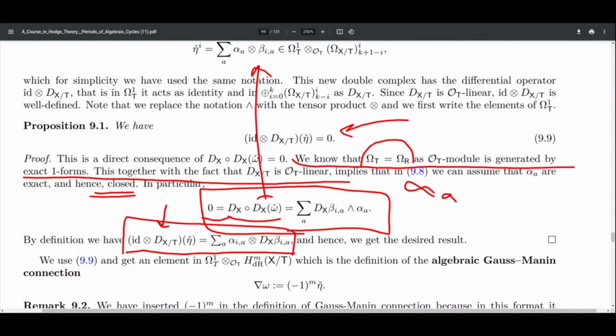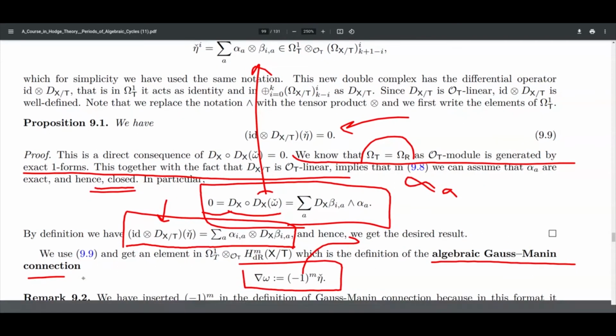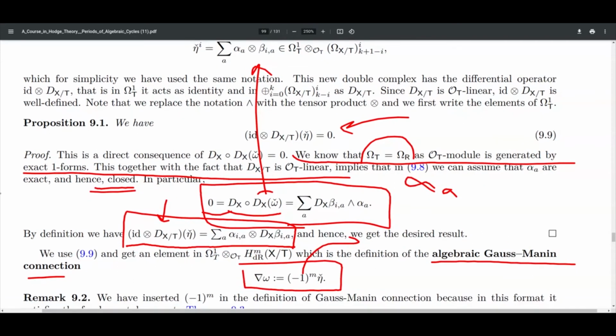And finally, we define the algebraic Gauss-Manin connection as this one, appearing with this minus 1 to the m there.